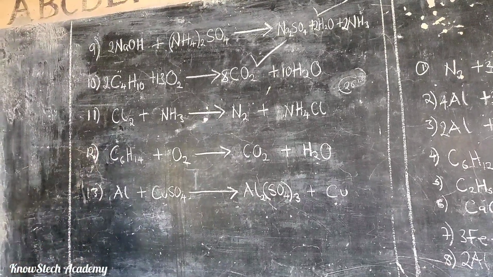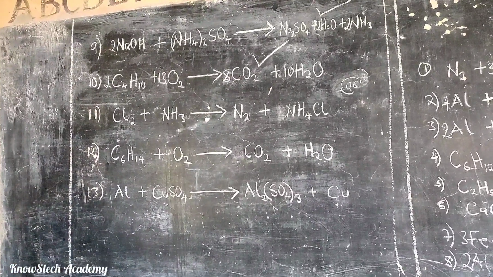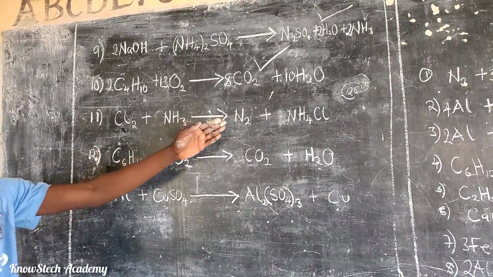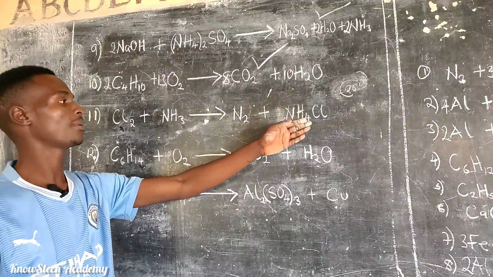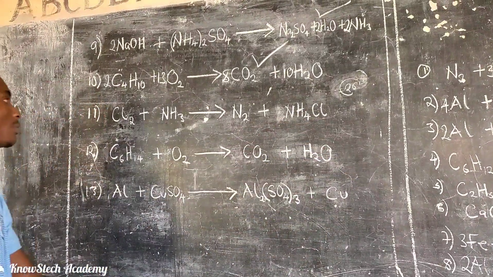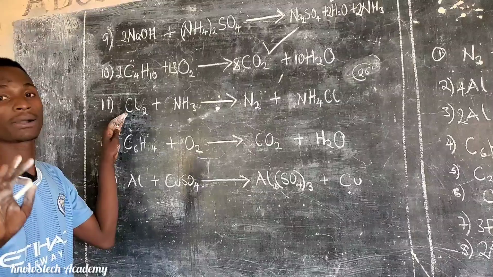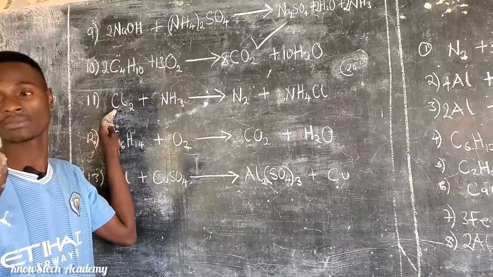All right, number 11. This is chlorine, this is ammonia, this is nitrogen gas, this is ammonium chloride. Remember, chlorine is found in group 7 of the periodic table.